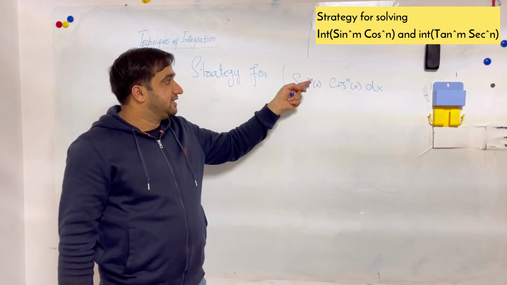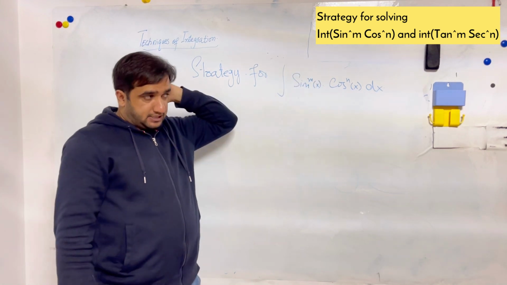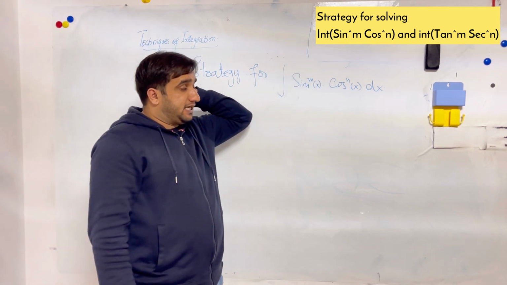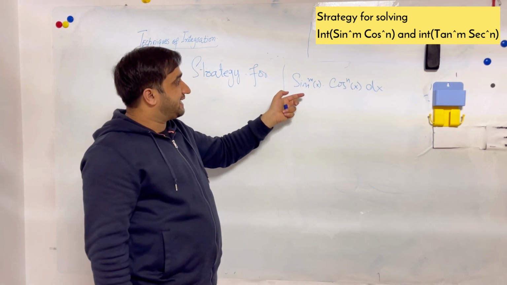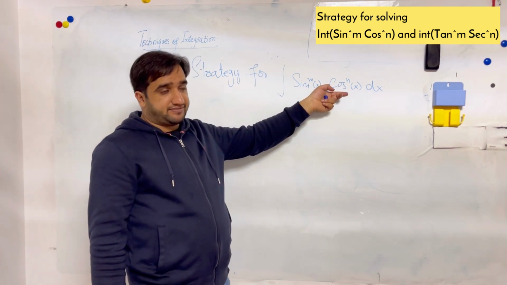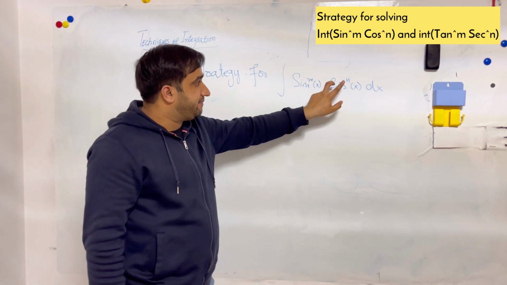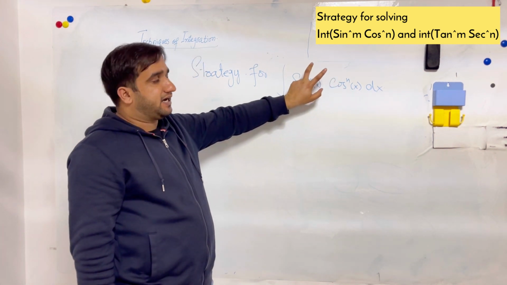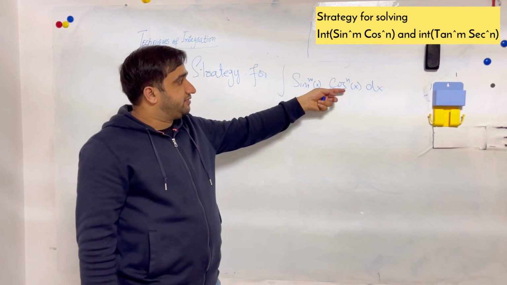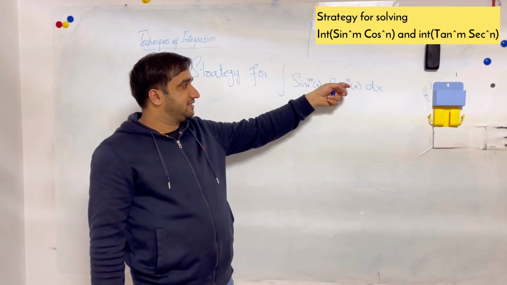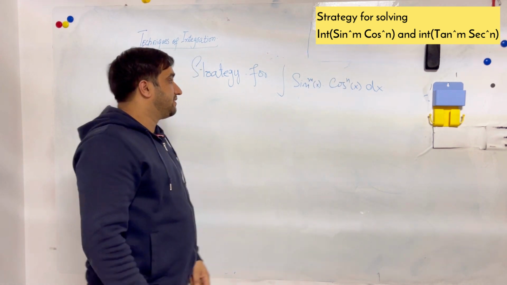In that case, m and n both equal 2. Or you can have m equal to 3 and n equal to 5, suppose. So it will be integral sine 3x cos 5x dx. So m and n could be the same or different, but since one letter is used for sine, we use a second, different letter for the cos.